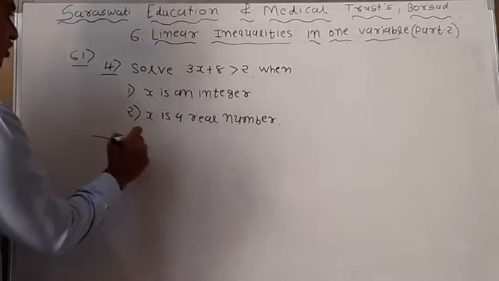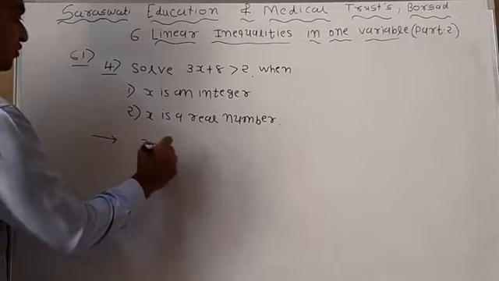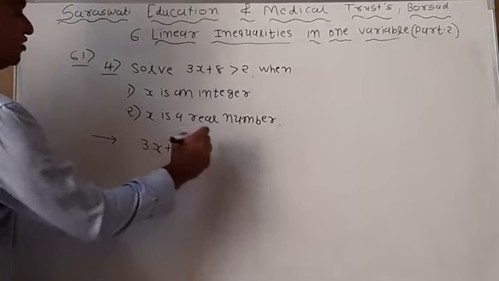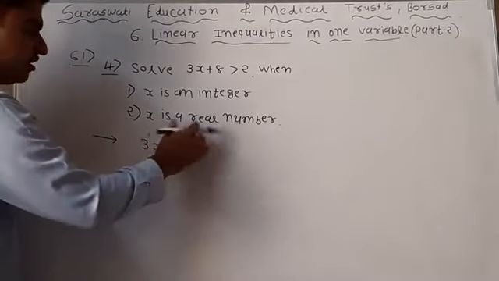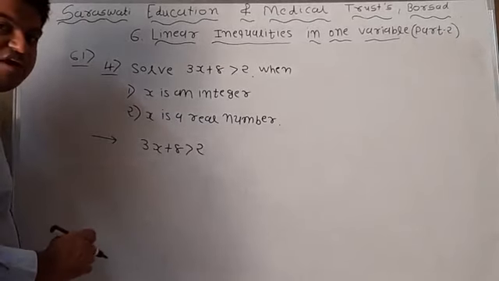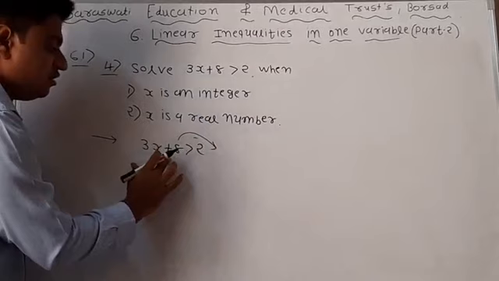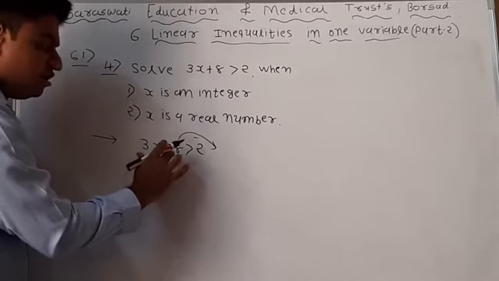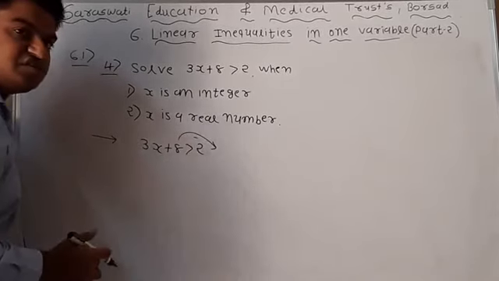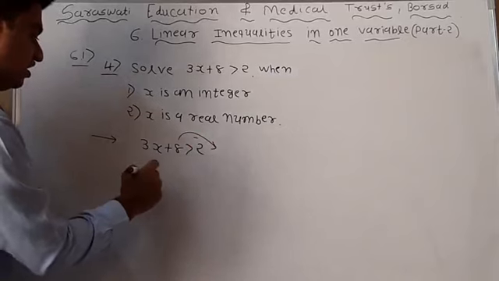So 3x plus 8 greater than. Now 8 is written on the opposite side and the sign changes. Here a plus sign is present, so on the other side it becomes minus.